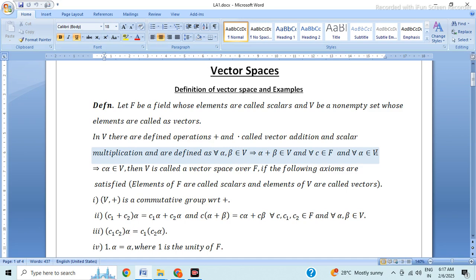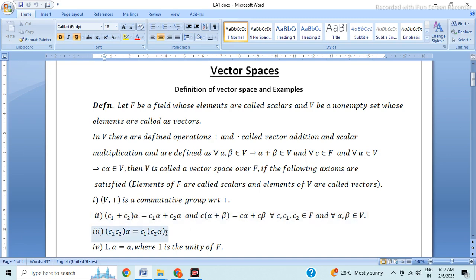Vector addition, how is it defined? For every alpha, beta belongs to V, alpha plus beta belongs to V. For scalar multiplication, C belongs to F, alpha belongs to V, C alpha belongs to V. Then it should satisfy four conditions. First condition, V plus is a commutative group. Second condition, (C1 plus C2) into alpha is C1 alpha plus C2 alpha, and C into (alpha plus beta) is C alpha plus C beta.